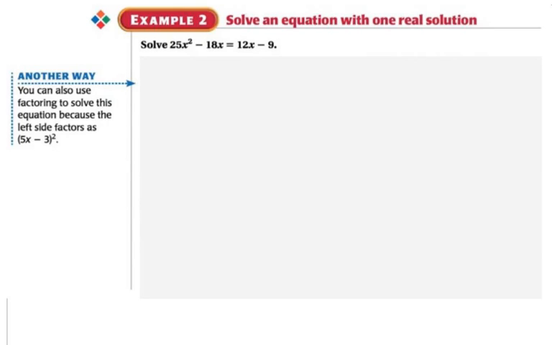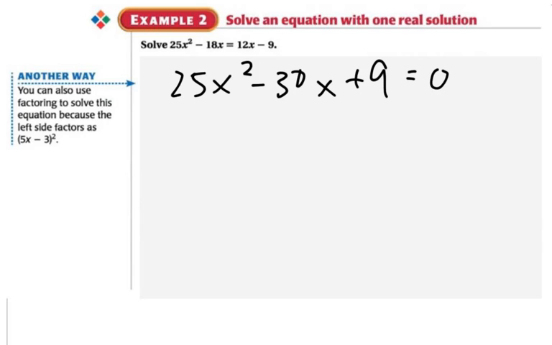Example 2 is just a little bit more complicated. Let me move everything to the left again. 25x squared, this time is minus 30x plus 9 equal to 0.